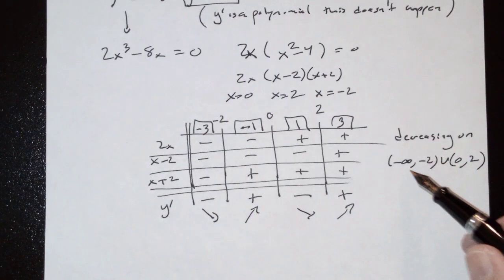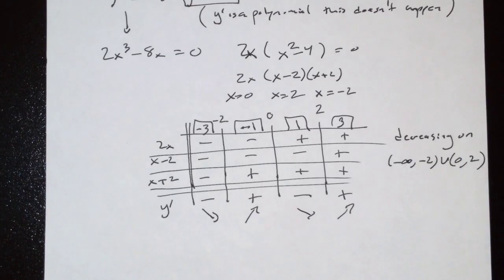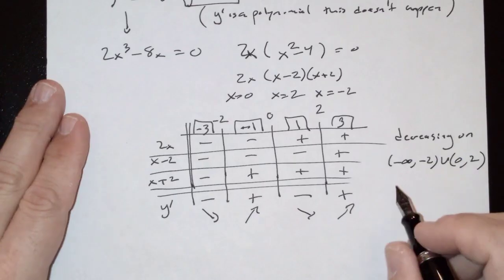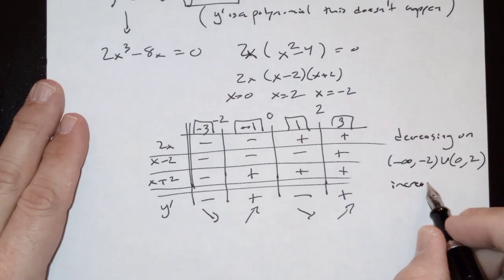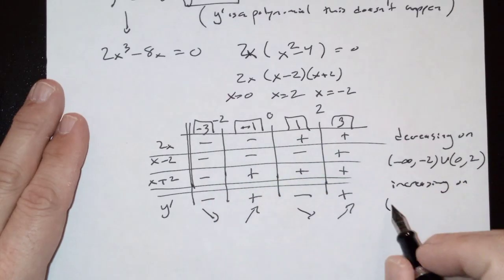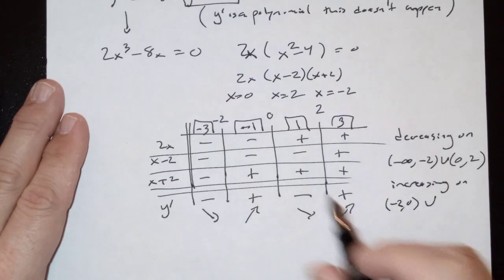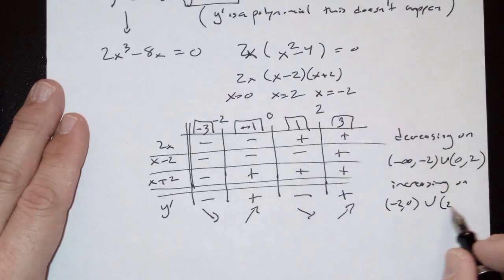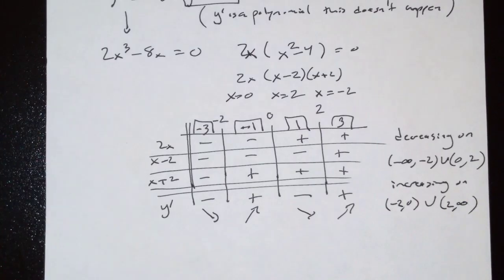If I'm in here, I'm decreasing, or if I'm in here, I'm decreasing. And I'm increasing here or here. That's all the first part asked me for. Where are we increasing? Where are we decreasing?